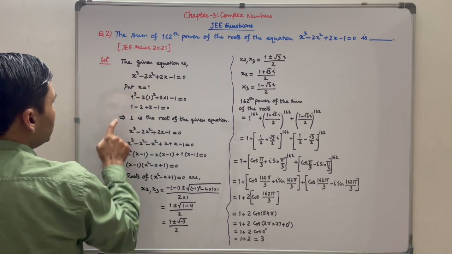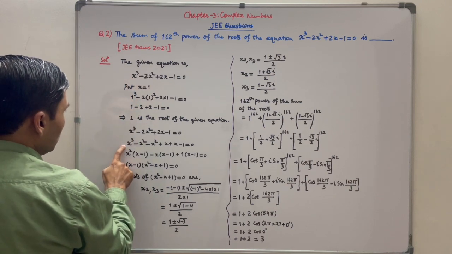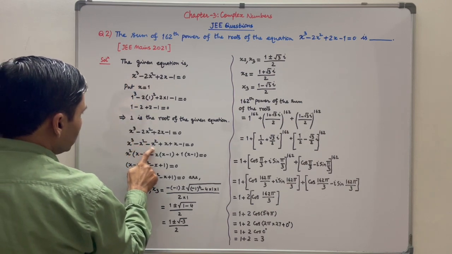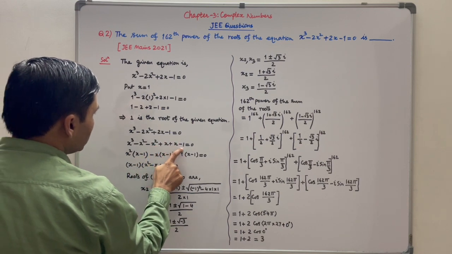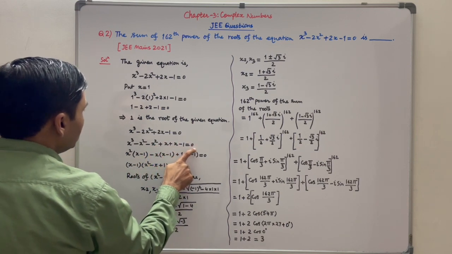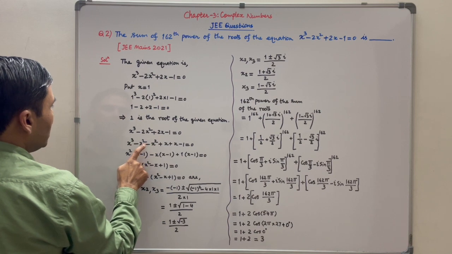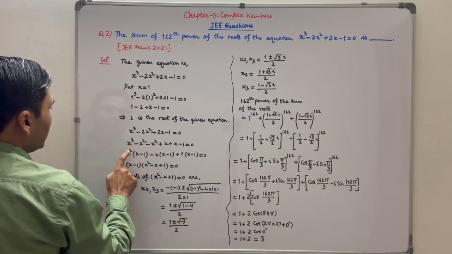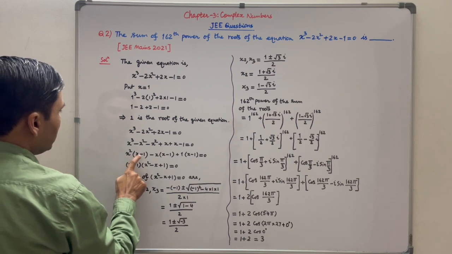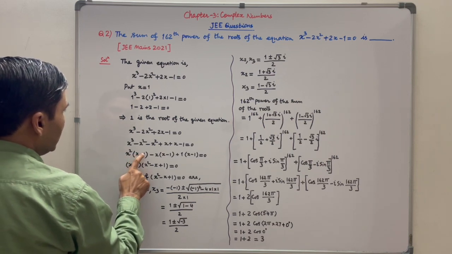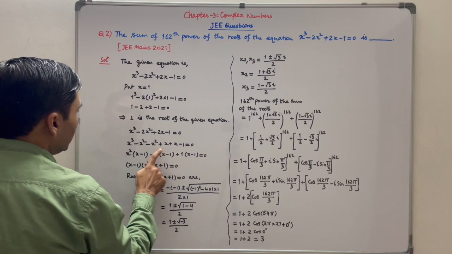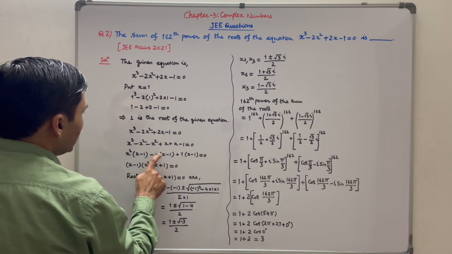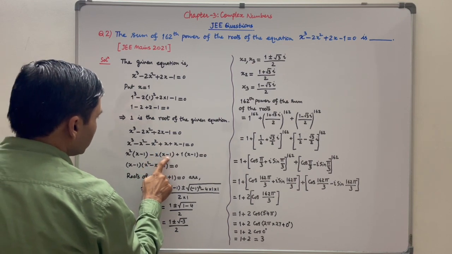We can rewrite this equation as x^3 - x^2 + x - 1 = 0, so that we can take x - 1 common. In terms 1 and 2, we can take x^2 common, so inside the bracket it is x - 1. In terms 3 and 4, we can take -x common, so that inside the bracket it is x - 1.